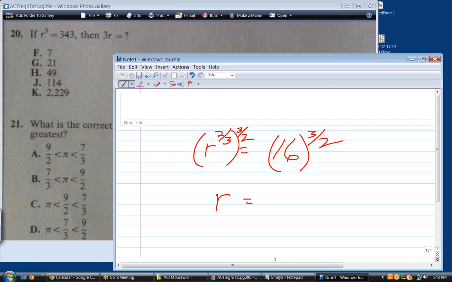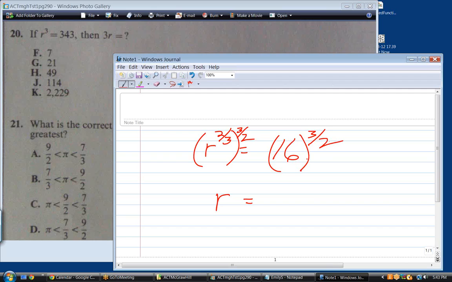Now, what is 16 to the 3/2 power? And I'd rather you not use a calculator on this, just because I'm trying to illustrate a point. When you have a fractional exponent like this, the bottom number is the root, the top number is the power. Always do the bottom first. In other words, what's the square root of 16? Square root of 16 is 4.